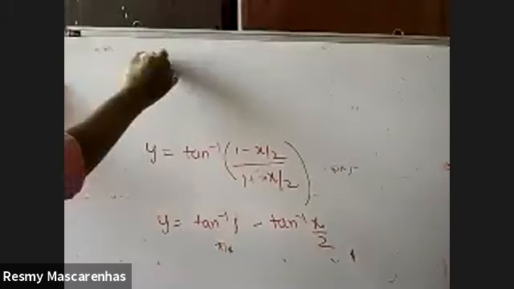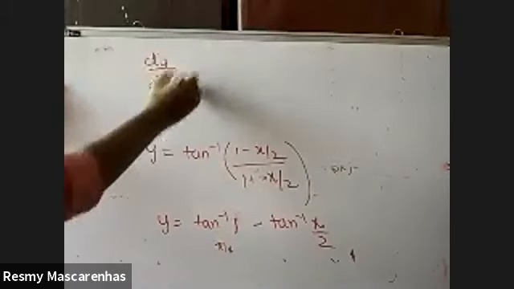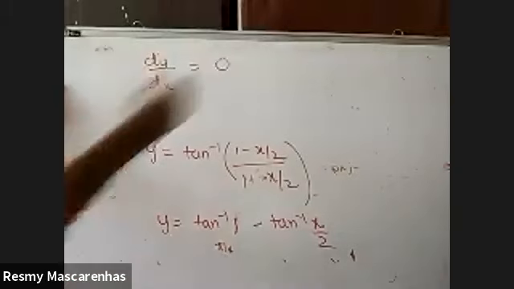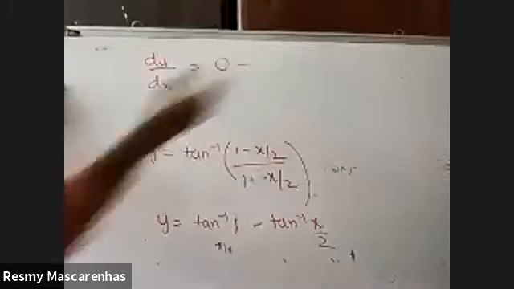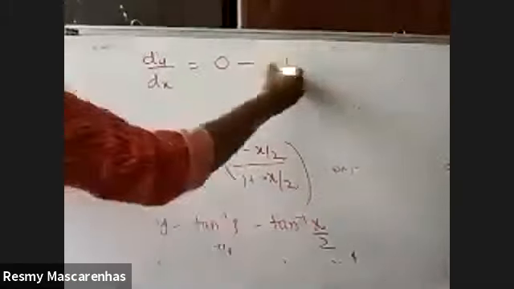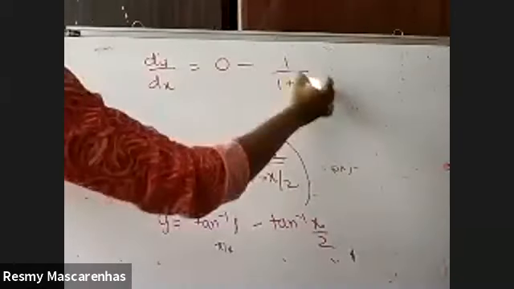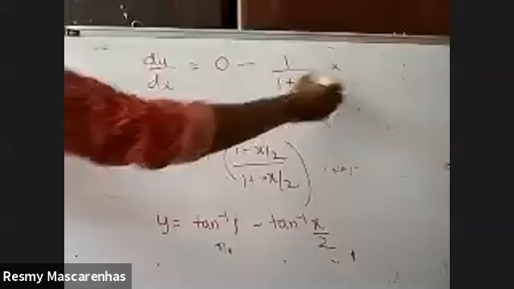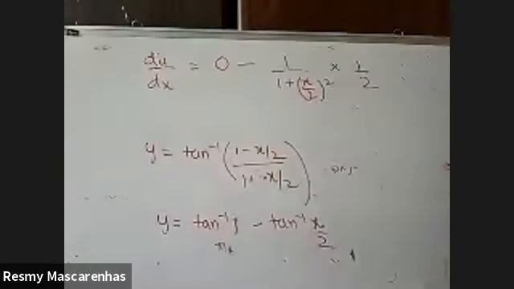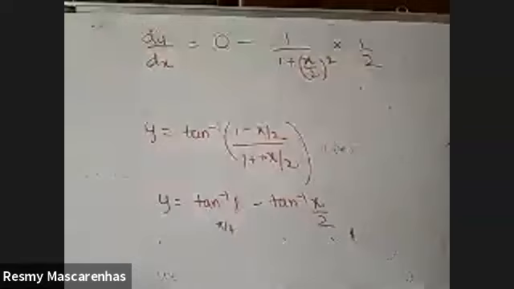So dy by dx will be, this is pi by 4, so it will be 0, minus 1 upon ... into the derivative of x upon 2, which will be half. Now you solve, simplify. So x upon 2 the whole square will be x square upon 4.